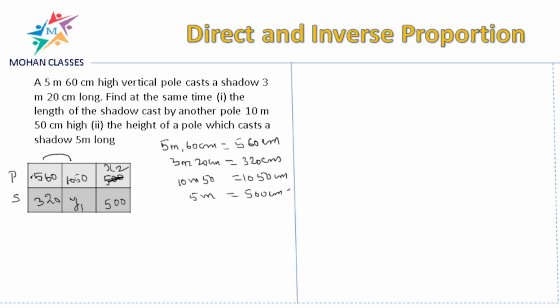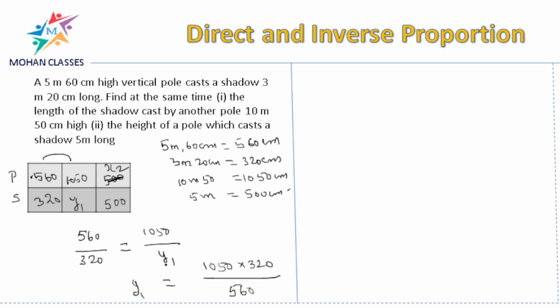How we will do that? 560 divided by 320 is equal to 1050 divided by y1, right? Therefore, y1 is equal to, cross multiply it, 1050 into 320 divided by 560. Correct? What I did, I have sent this y1 from denominator over here. This 560 has come down and 320 will go there.